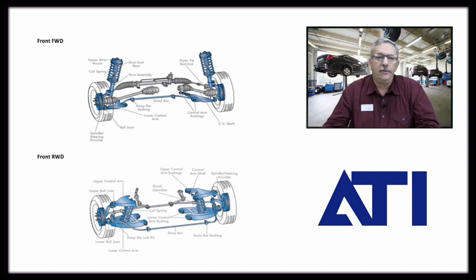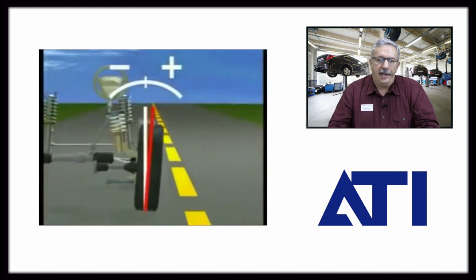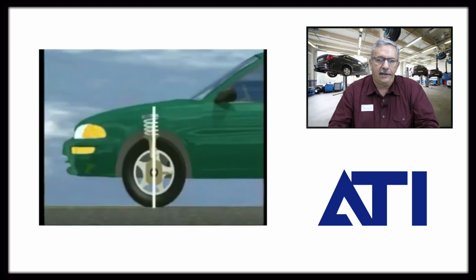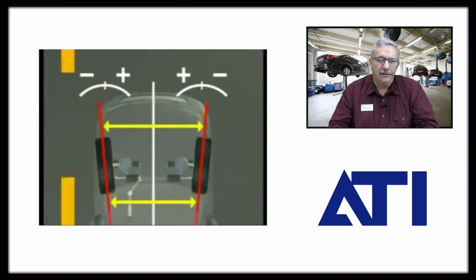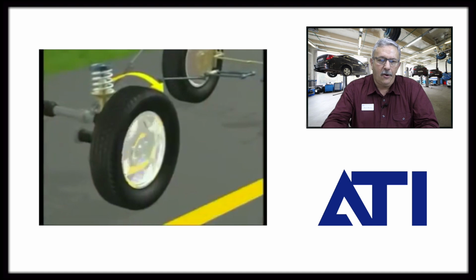In addition, on the rear-wheel drive car, instead of having a strut suspension, we'll have a shock with an upper and lower control arm. So we have a little bit of different things that we look at here, and we'll talk about that more in detail, because the measurements that we use, kingpin inclination, and those things are a little bit different from rear wheel to front wheel drive.